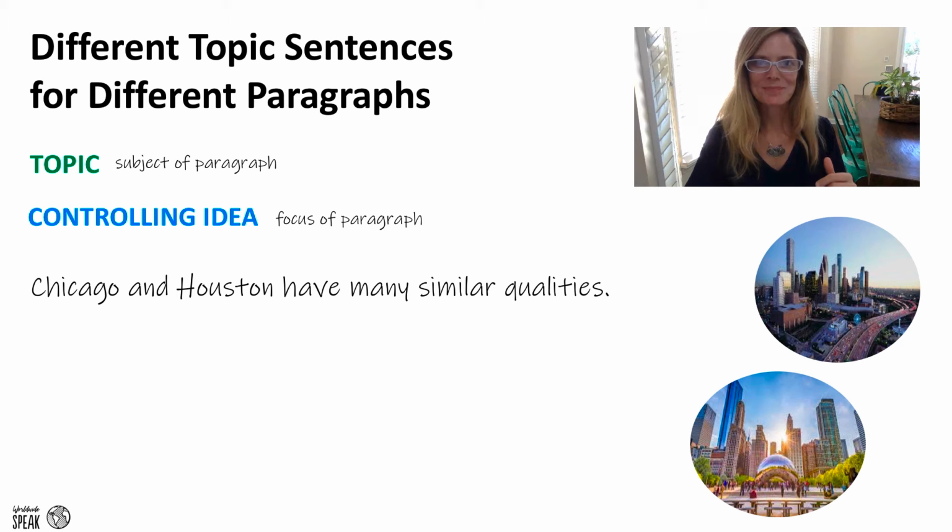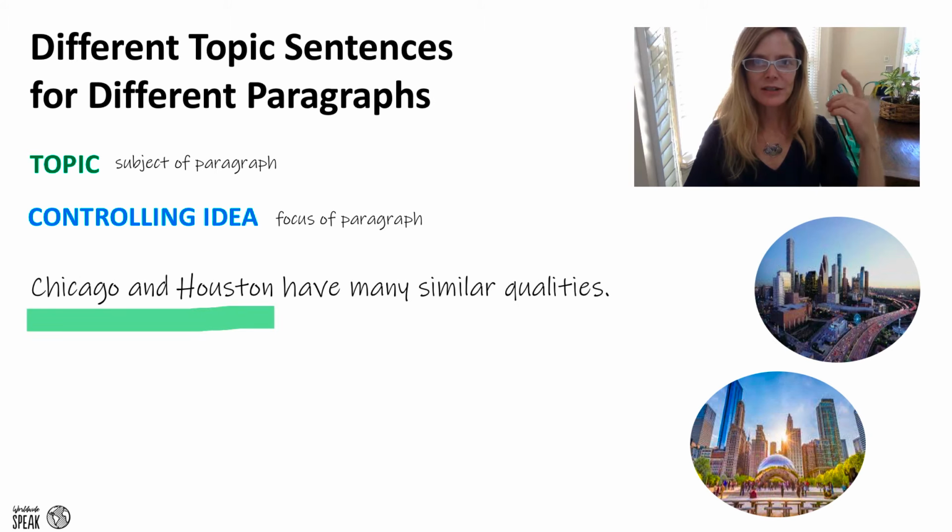Next one. Remember we talked about Chicago and Houston, right? That was our topic. That was the bigger idea. And then how did we control our paragraph? Well, we said that they were alike, that they were similar.